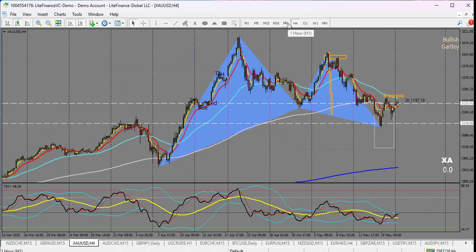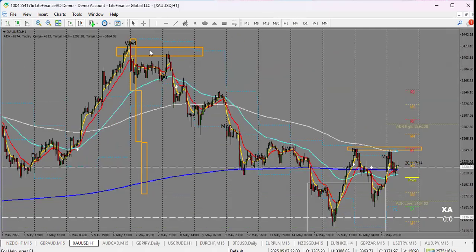So right now, I'll be waiting for that support to be formed and look for buy trades afterwards. That is what I am looking at on gold.